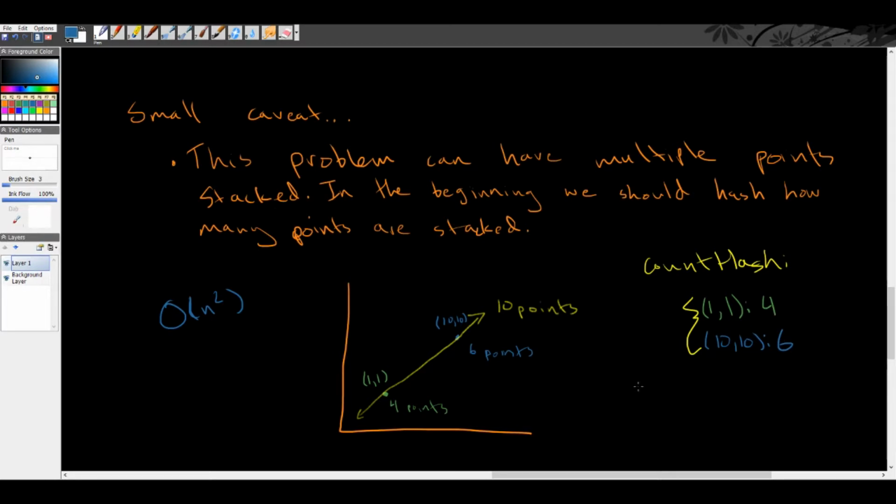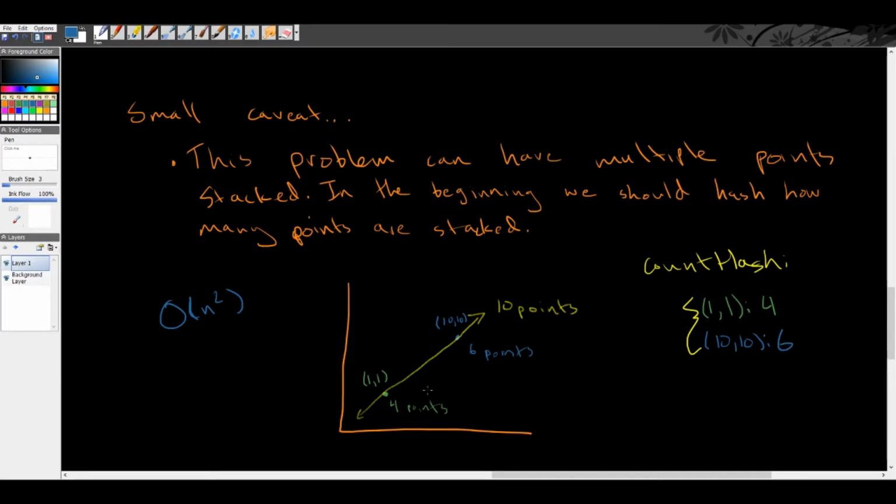And then if we determine that a coordinate is on a given line, we can add the number of points to that line's sum. And then at the end, we just return the highest sum that we've seen, and that's it.